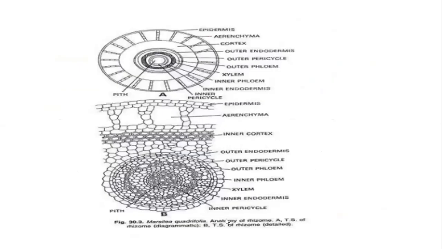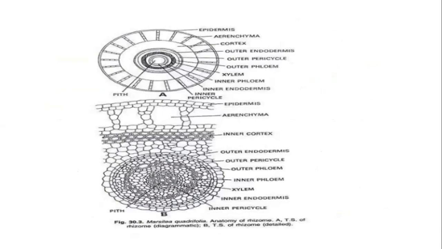So what is this amphiphloic solenostele? You can look into this here. The xylem is divided into two ring-like structures. This is the outer xylem and this is the inner xylem, you can see here.